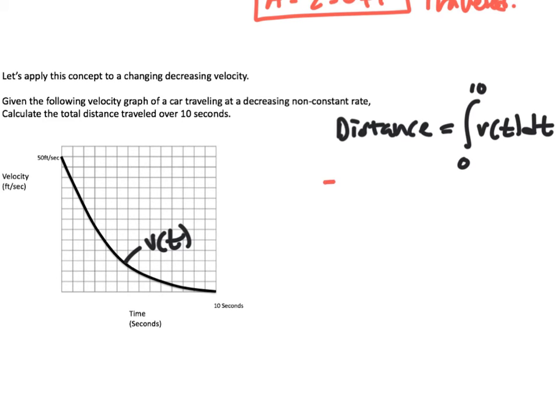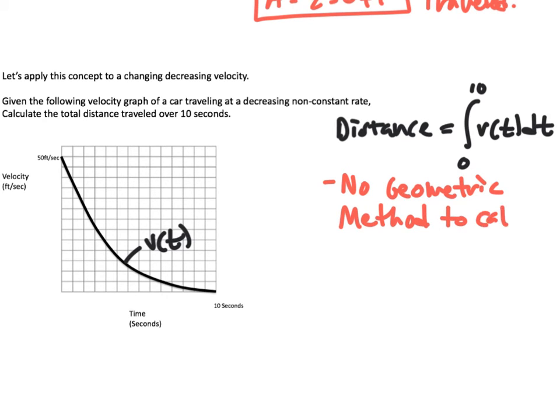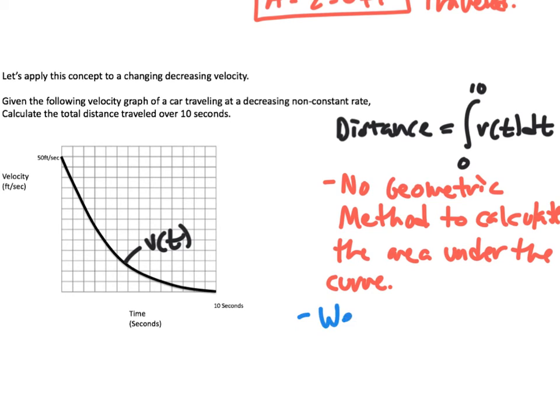So first of all, let's write this: there's no geometric method to calculate the area under the curve. There will be, just not right now. So we have no way of doing this geometrically, but instead, we can approximate it.